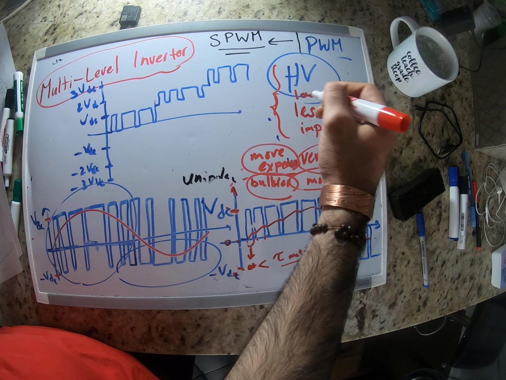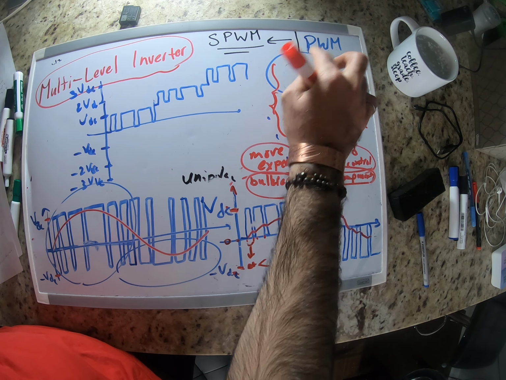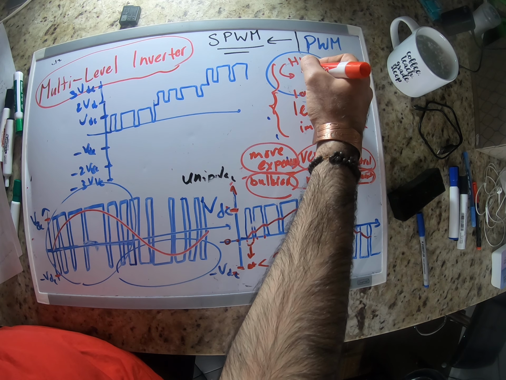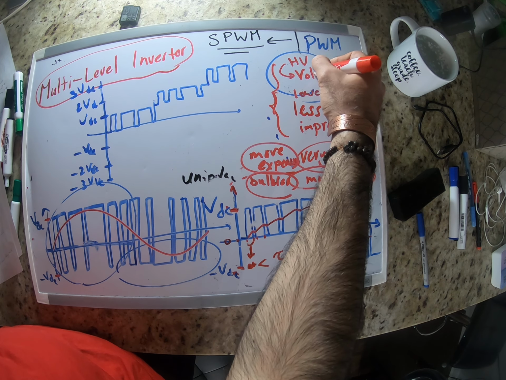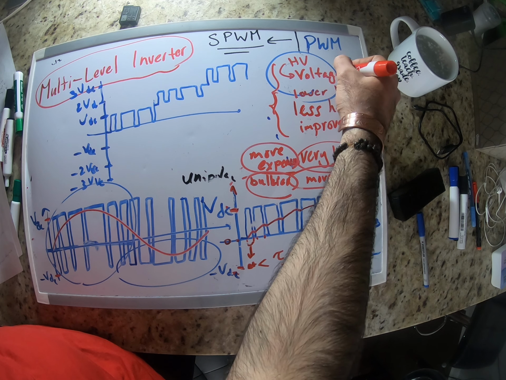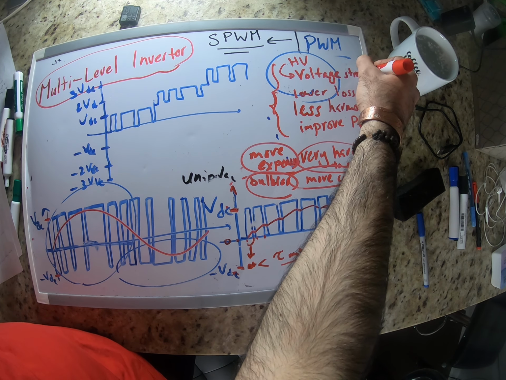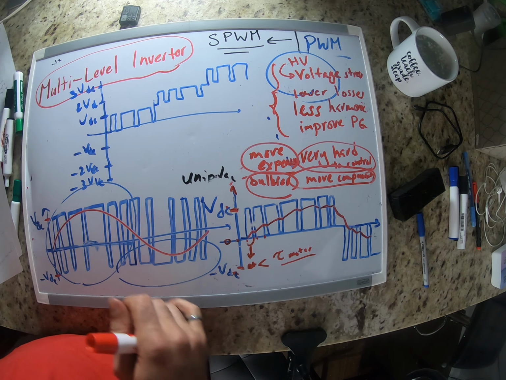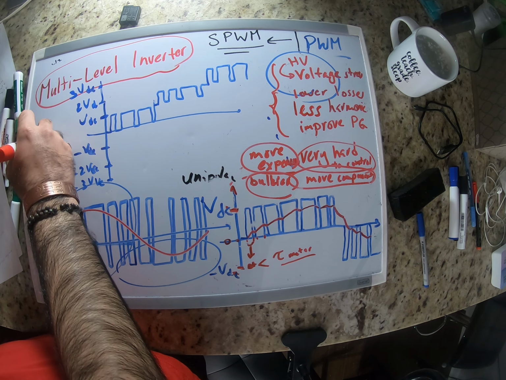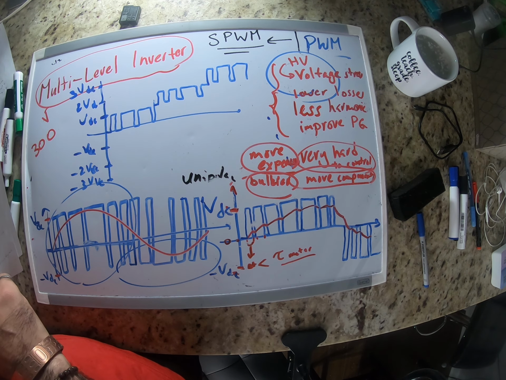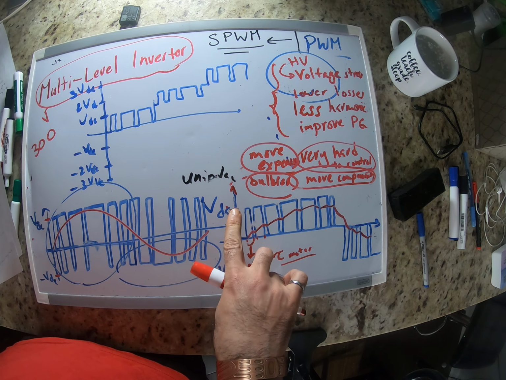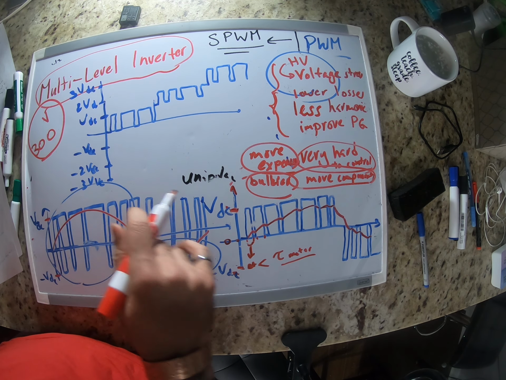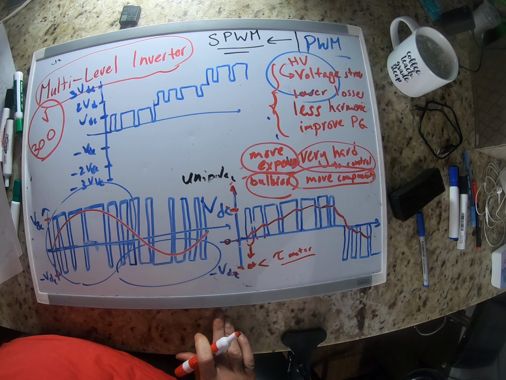And also one main advantage I forgot to mention, the main reason you can use it in higher voltage is because then you wouldn't have voltage stress on your equipment, right? So if you want to, for example, create let's say a 300 volt right here, using two-level inverter, then this is how much voltage is going to fall on your switches, right?